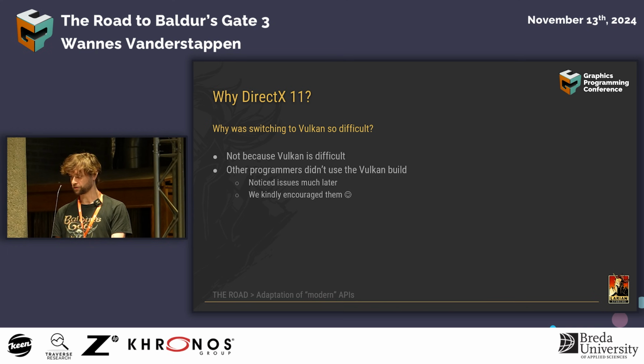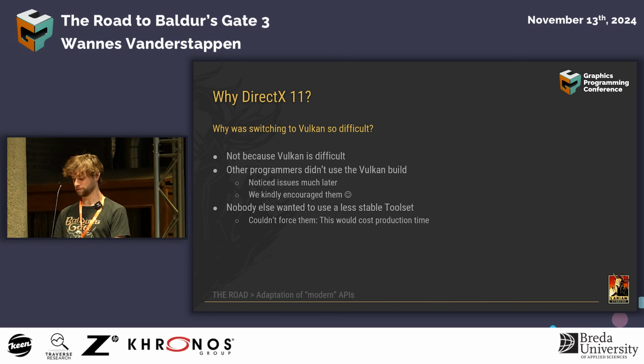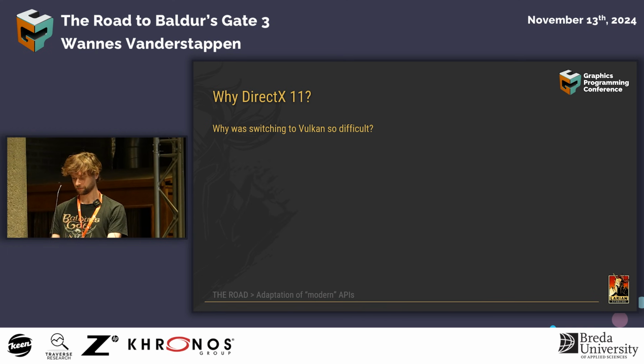So we kindly encouraged them to use it. And nobody else wanted to use a less stable toolset. And we couldn't really force them to do so, because this would cost production time. If everybody keeps crashing more often, you don't want that to happen. So this was not so easy to fix.